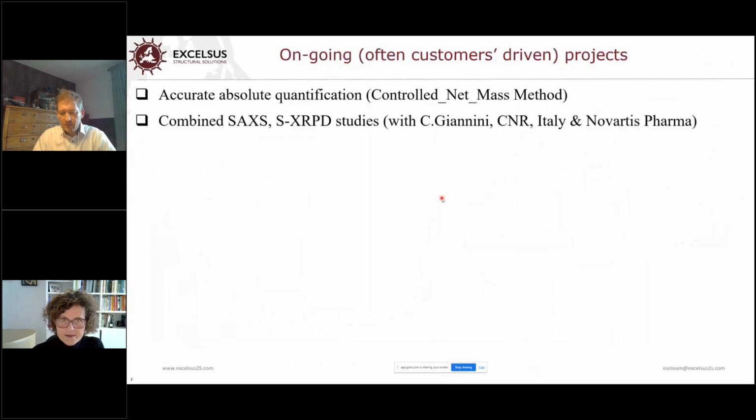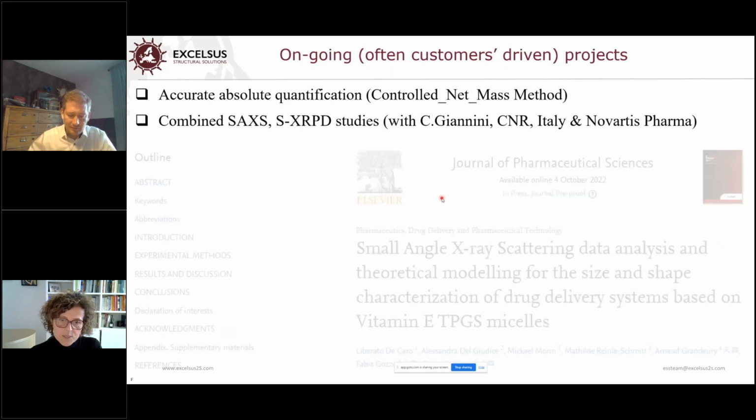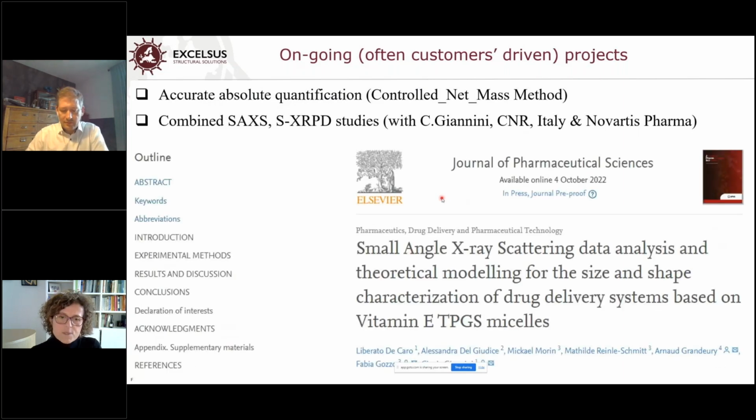Then the other developments are the combination of SAXS and SXRPD, and this also involves Cinzia Giannini and group, as well as Novartis. Indeed, we recently published a model developed by Liberato De Caro that allows us to model the size and shape of drug delivery systems that were of interest to Novartis.